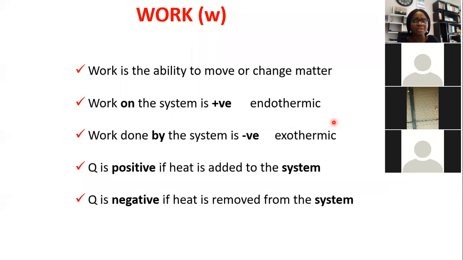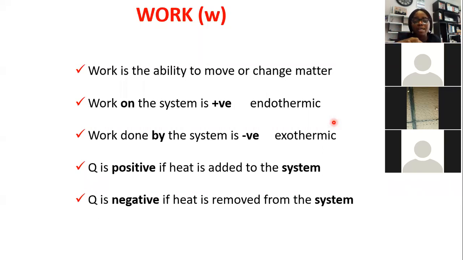In terms of gas, when gas expands, we say that the system has done work. Let's assume I have gas in this cup and I use a piston to cover it. If I press down the piston, I'm trying to increase the pressure of the gas in the cup, so I'm doing work on the system. The amount of work done on this system will be positive because the force is coming from external.